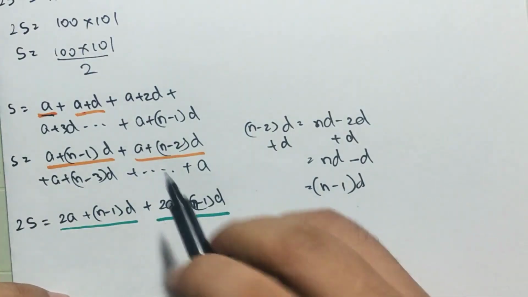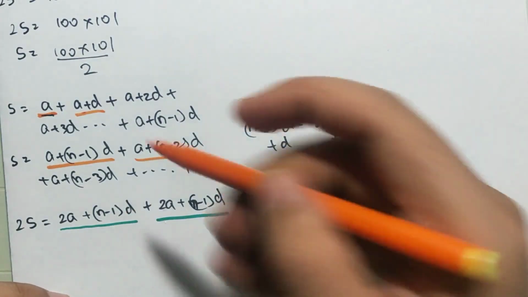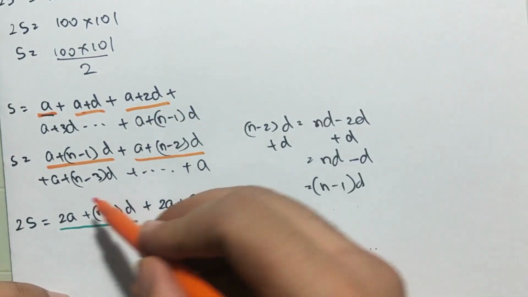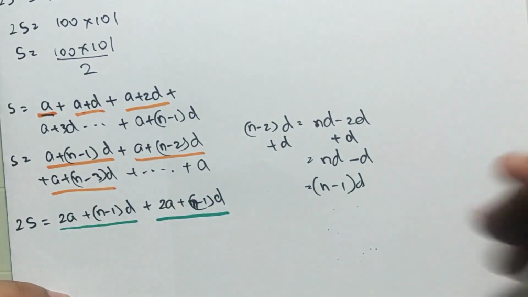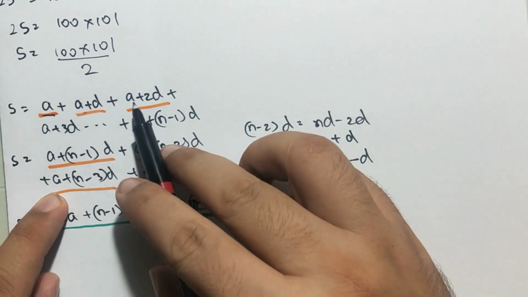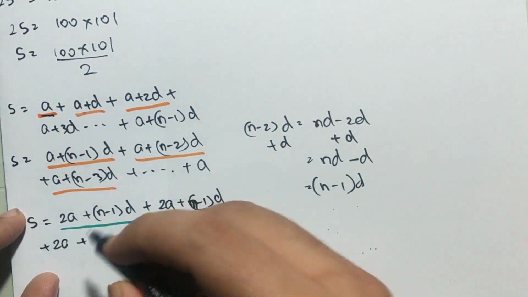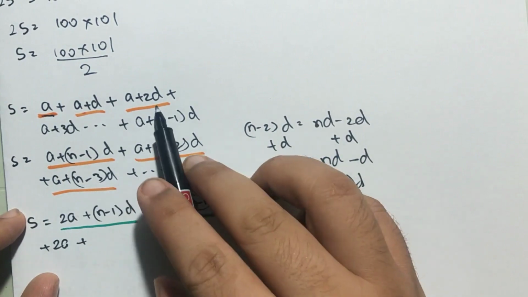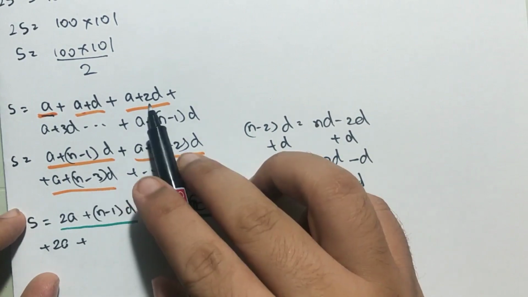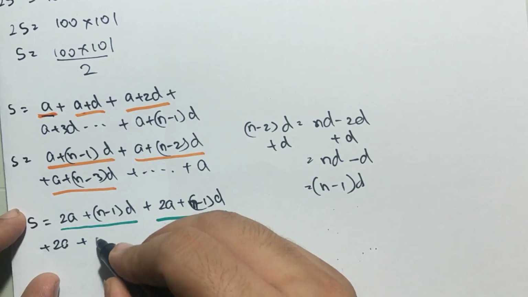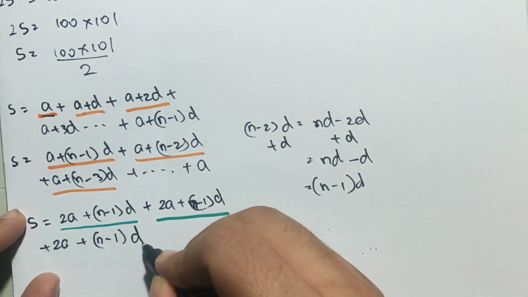Similarly, if I add the third term, what is the third term over here? A plus 2d, and the third term over here is a plus n minus 3d. Again a plus a will become 2a plus n minus 3d plus 2d. This minus 3 and plus 2 will again become minus 1, so it will be n minus 1d.